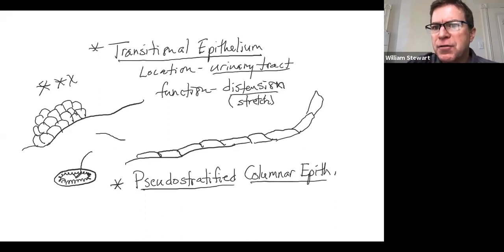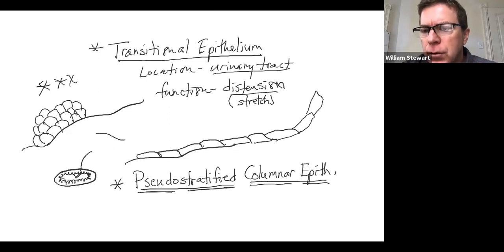Pseudo means false or fake. Stratified means more than one layer. We know what columnar means, tall cells that line a surface. So this is really a tissue, a group of cells that looks like it's stratified, but really is not. It's fake or false.